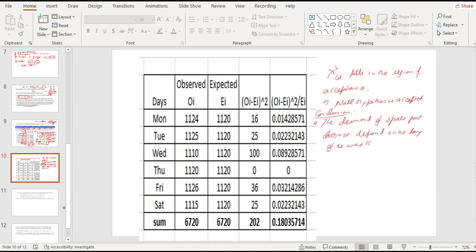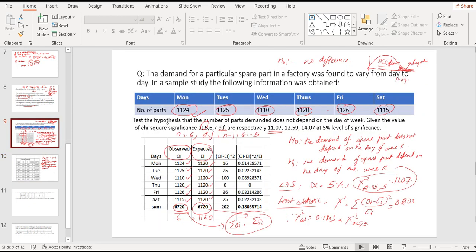Okay, so basically in the problem we are given the observed frequency. With the help of the given criteria, we need to calculate the expected frequency and set up the null and alternate hypotheses. Generally we consider the right tail test only, because the chi-square distribution is a positively skewed distribution.